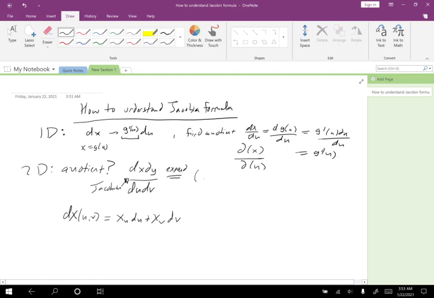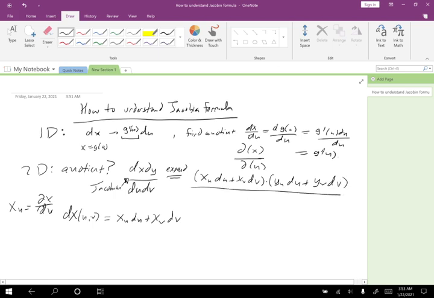So if we substitute this in, this is xu du plus xv dv. Remember, I'm using the notation xu equals dx du to save time. And then times, well, it's just the same thing with y, right? Yu du plus yv dv.